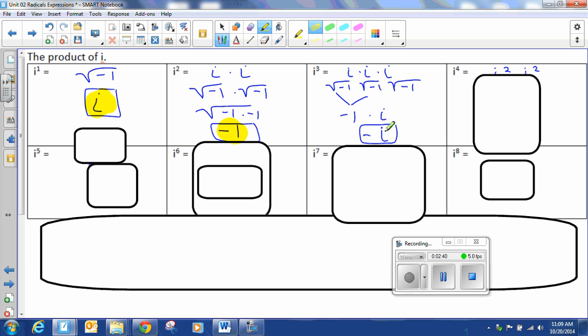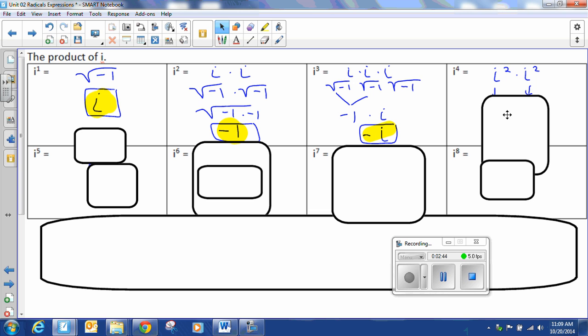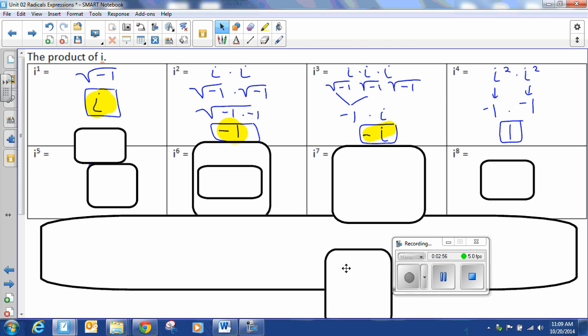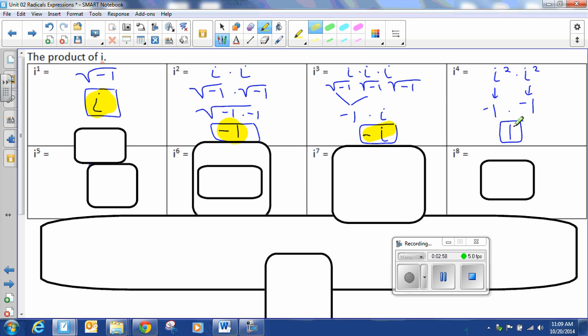Let's highlight that one. Finally, i to the fourth power can be written as i squared times i squared. Luckily, we know that i squared is -1, so we can just shortcut to -1 times -1, which we all know is +1.